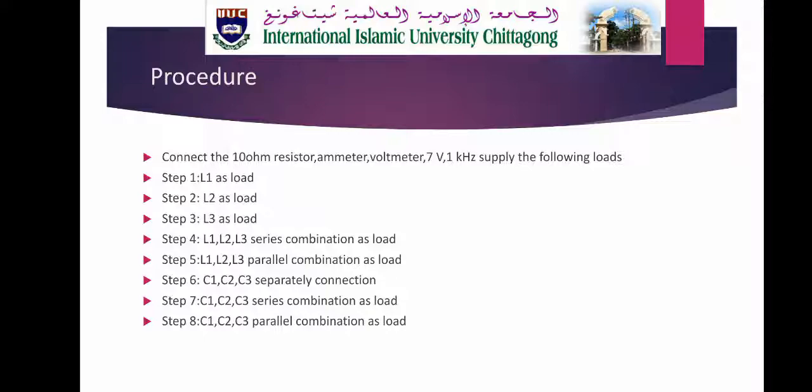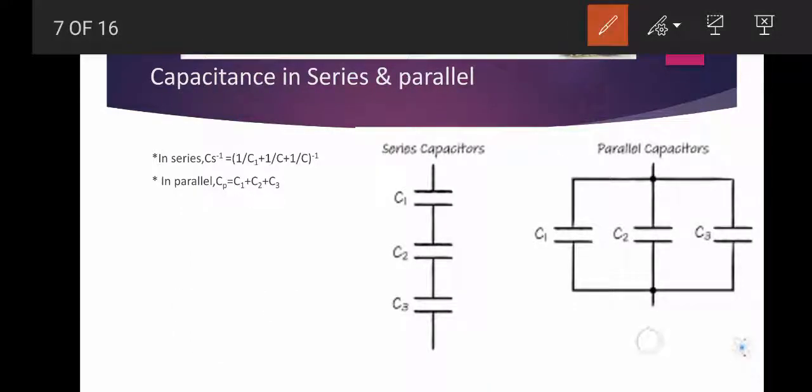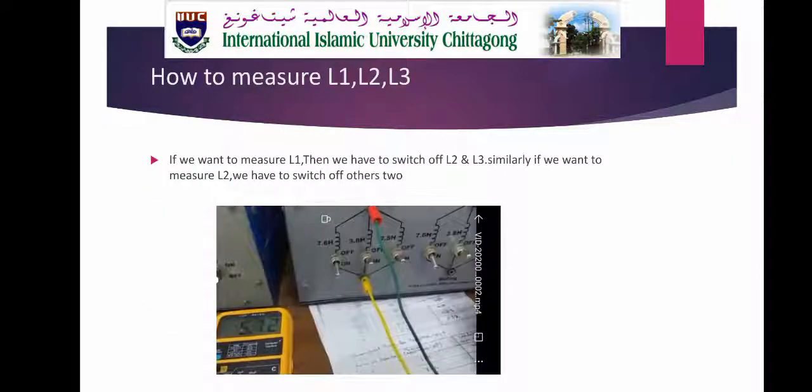Then, like in the inductor, we have to connect C1 and C2 separately, and then we have to connect C1, C2, C3 in series combination as load, and then C1, C2, C3 in parallel combination as load, like this figure. Moving to the next slide.